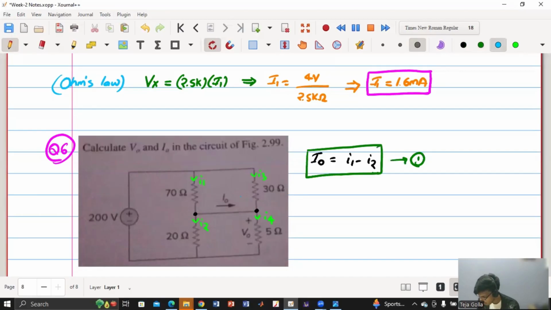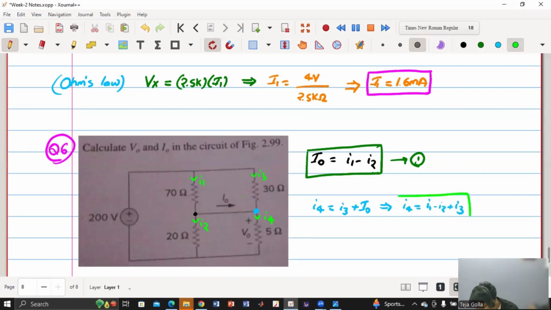Now I'll apply KCL here. What is the value of I4? I4 is I3 plus I naught. Substituting, I4 is equal to I1 minus I2 plus I3.